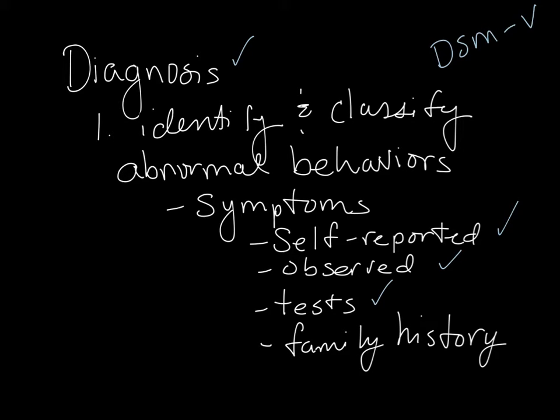Is there a family history, or reported by family members is another way of looking at it. Your mother, your father report that they see you doing this. You don't see it, but they see it. You have a family history of schizophrenia. These are the things that are important in this particular section to help us understand what's going on.